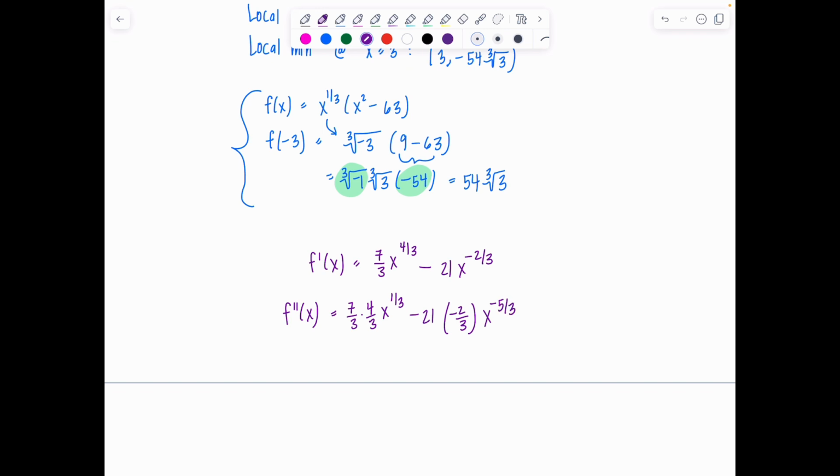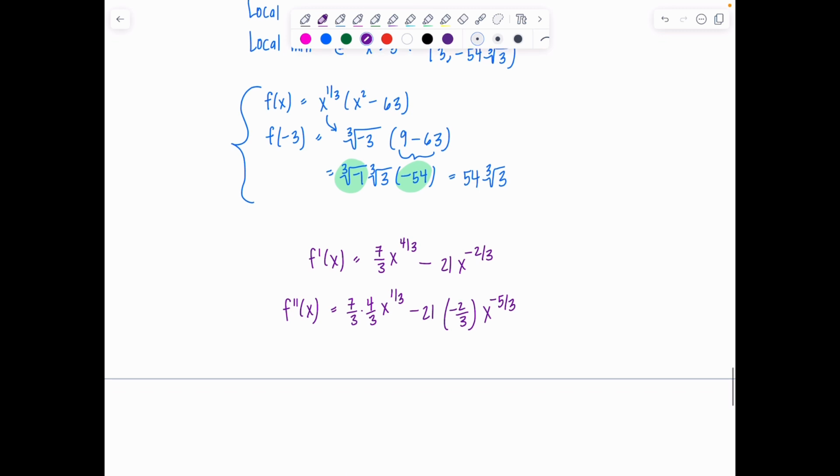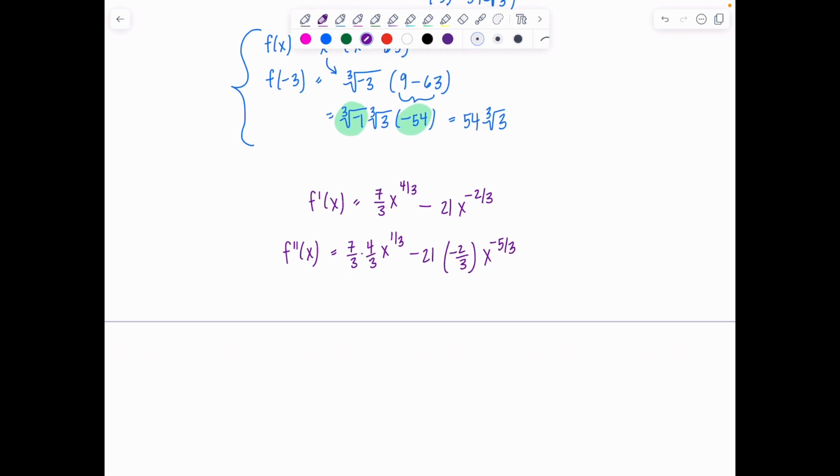How are we doing? Good. Now we just have to clean up. Similar to last time, let's just put all the negative exponents in the denominator and we'll go from there. This is going to give me 28 over 9, so I'll put 28 x to the 1/3, 9 in the denominator.